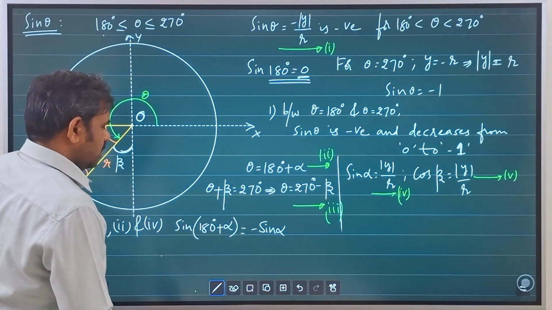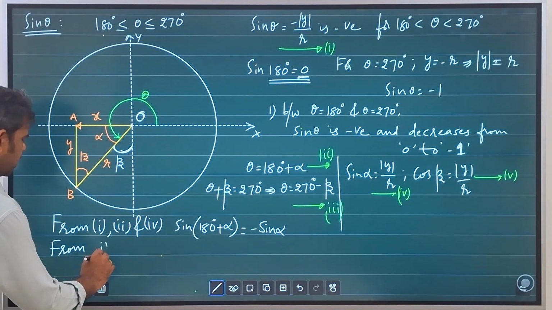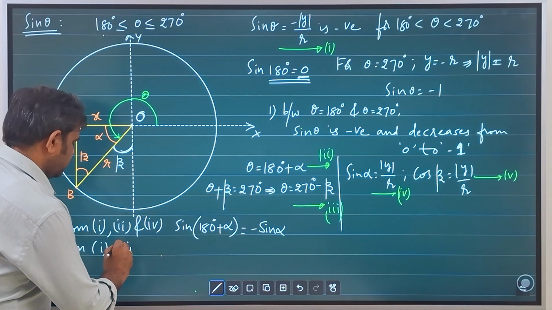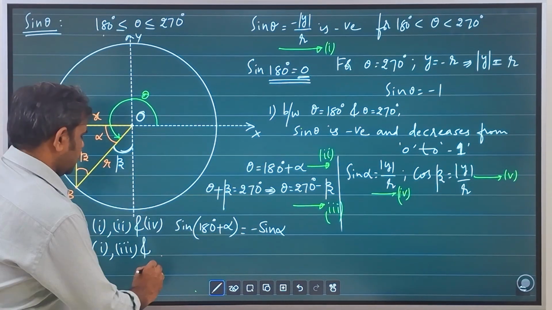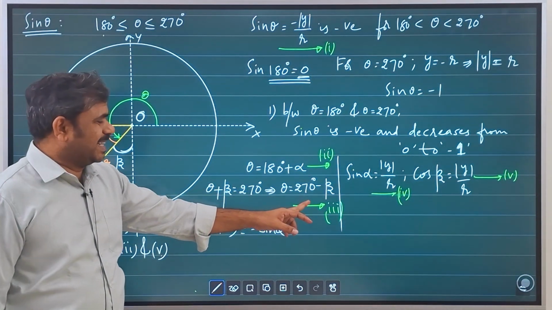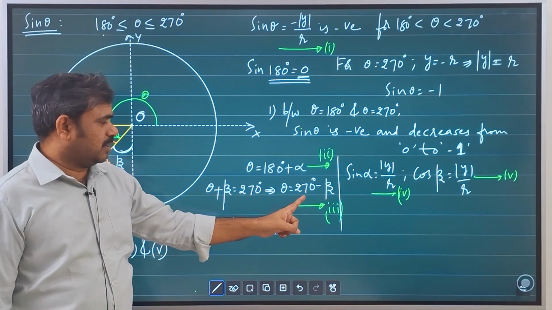And from equations 1, 3, and 5. Look at these three equations. So substitute 3 in the first equation. You will get theta.